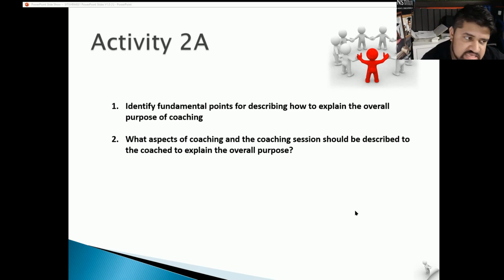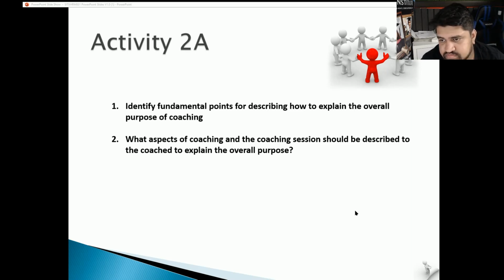We want to connect it back to how it will help them self-develop the skills and the knowledge that they have, and that they will grow to be a better worker and be more productive and perform better.